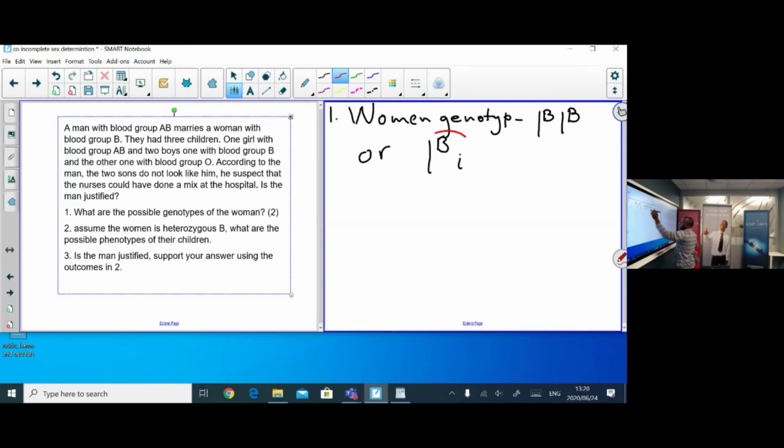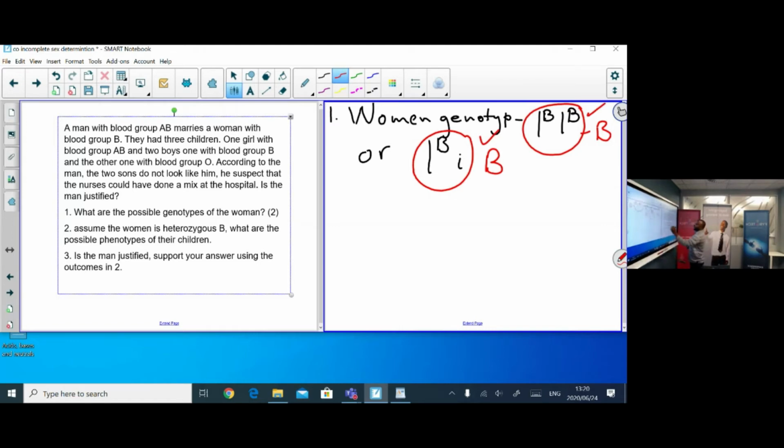The question did not specify either homozygous or heterozygous, so I expect you to put these 2 answers.